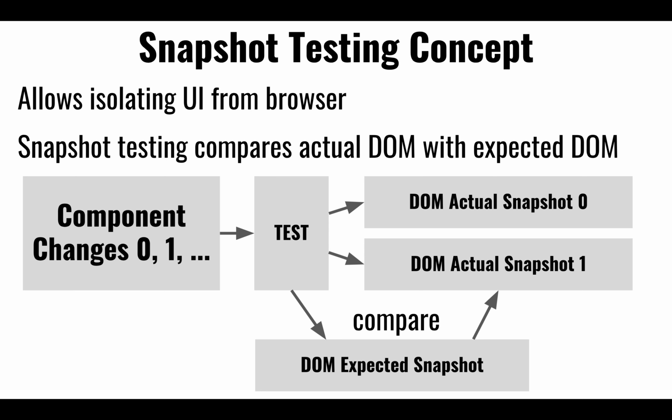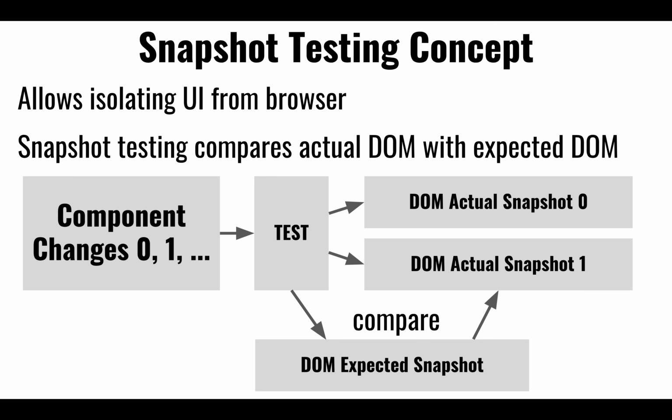Typically you would choose a particular snapshot as the expected snapshot of what your page should actually look like. Say you reach a particular maturity and confidence of what your page should look like, the layout of the sidebar, the headers and the footer and the main content with a couple of tables and a couple of articles in there, and you reach a consensus that this is exactly what it should look like, right?